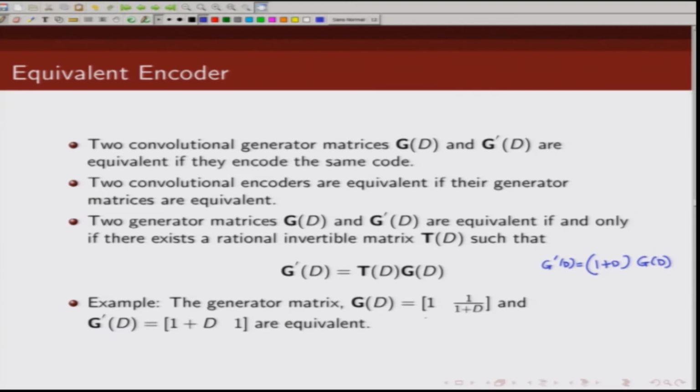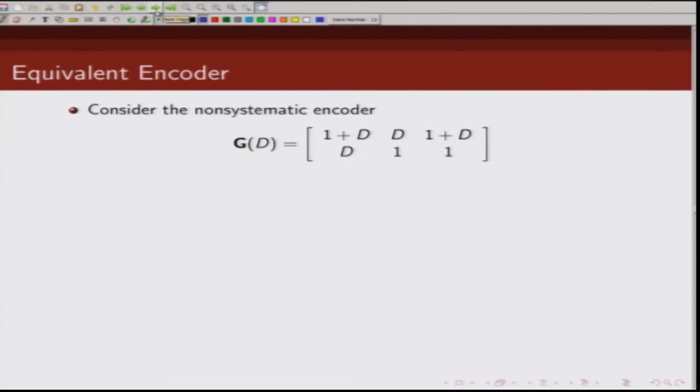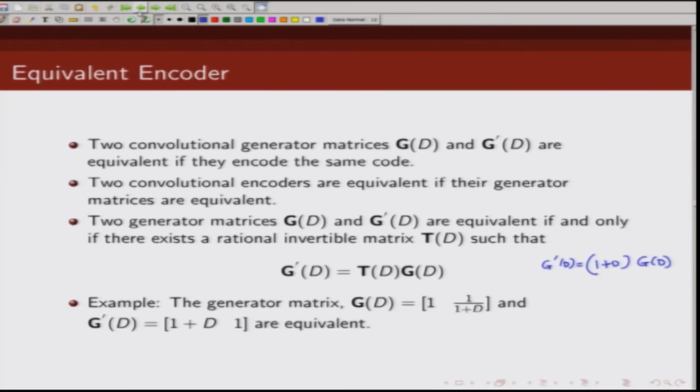And we can see this is a generator matrix for a systematic encoder, and this is a feedback encoder, this is a feedforward encoder.